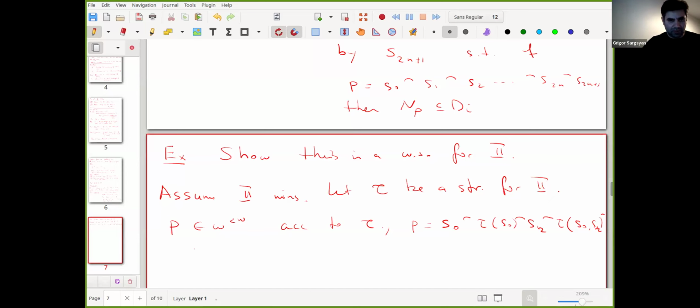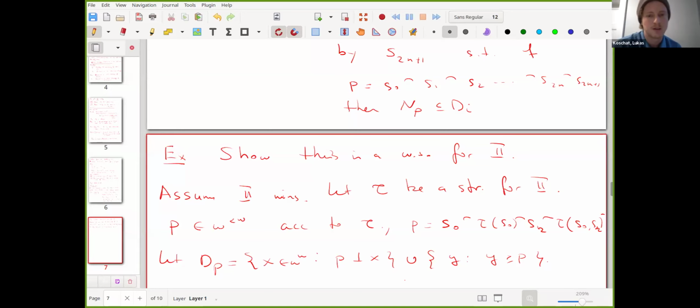Now let D_P be anything that's incompatible with P, all the X such that P is not compatible with X, or things that extend P, union y where y extends P. But this is everything.